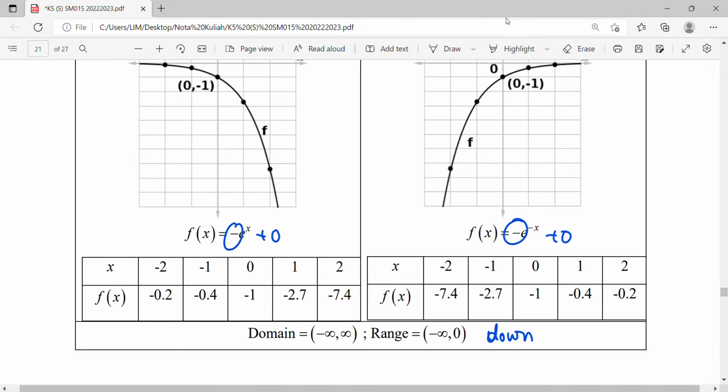You can see e to the power of x here is positive, so you go parallel first, then it starts to shoot down to the right hand side. And this one goes parallel first, then starts to shoot down to the left hand side, because the power has the coefficient of negative x.